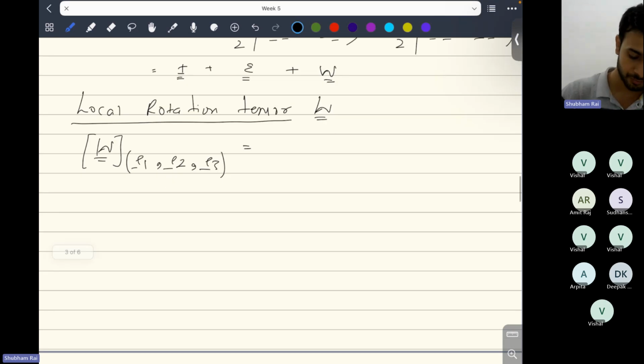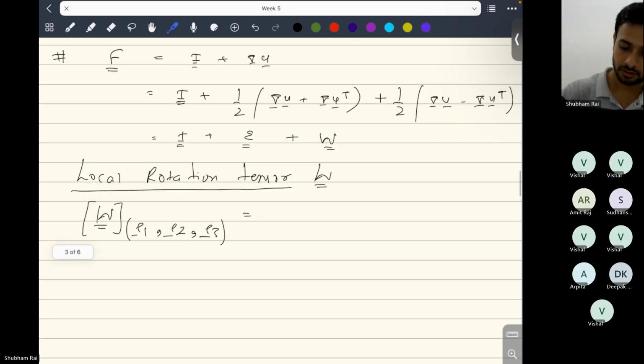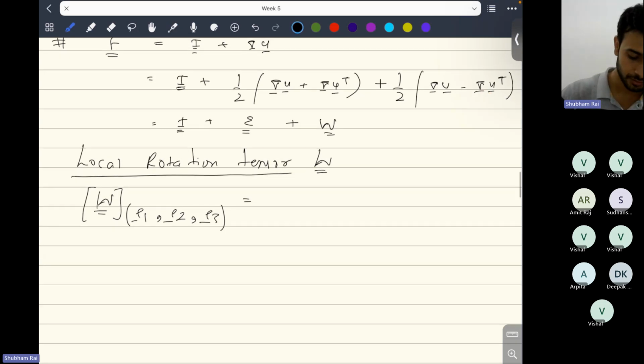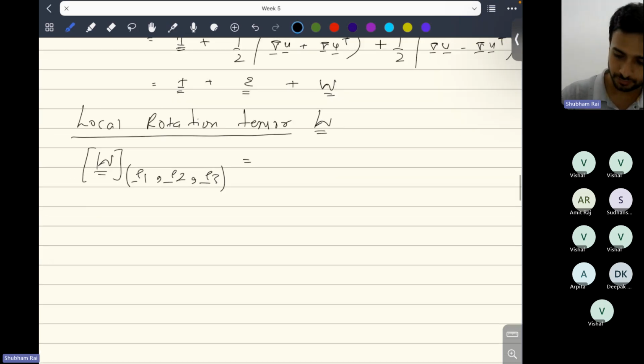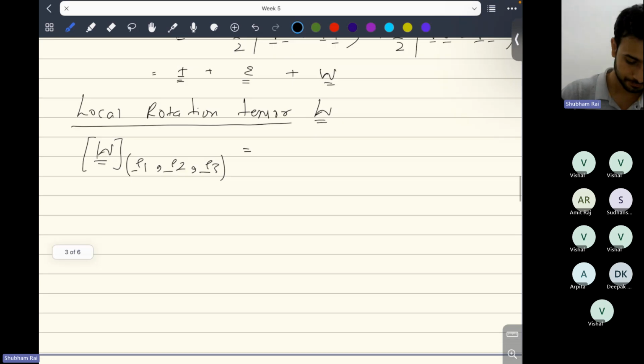The diagonal terms will be 0, because grad u and grad u transpose have the same diagonal terms. The off-diagonal terms will be, for the first, half of del u1 by del x2 minus del u2 by del x1, and then it is an antisymmetric tensor.